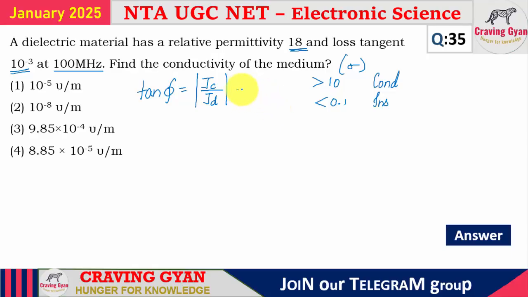Now tan phi is expressed as sigma divided by omega epsilon, which is also rewritten as sigma divided by 2 pi f times epsilon. What is the value of epsilon? It is epsilon naught times epsilon r. If they have not specified epsilon r, you take it as 1, but they have given the value of epsilon r as 18.